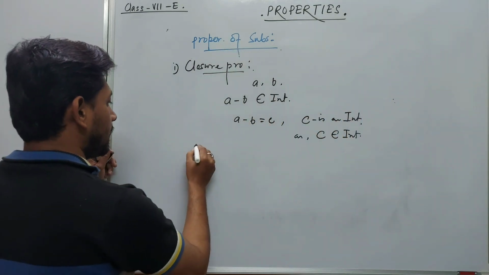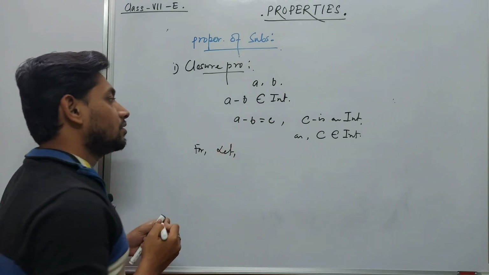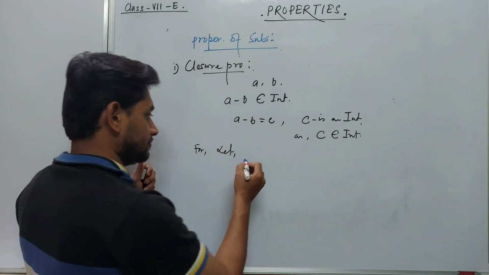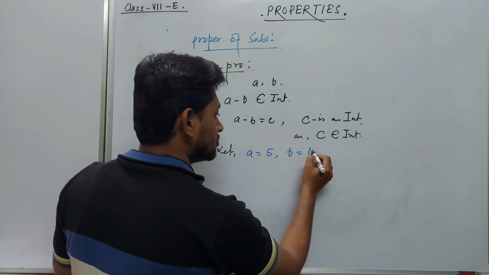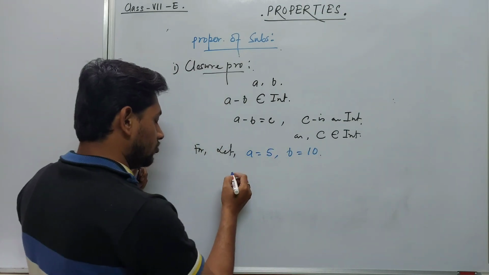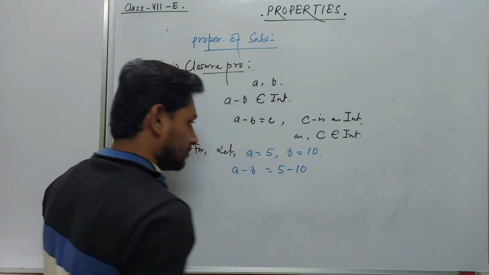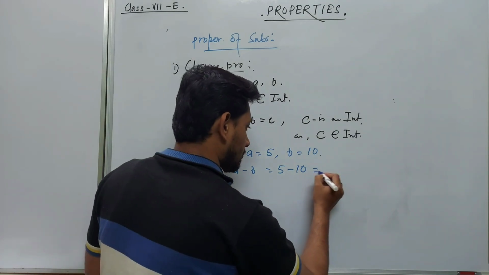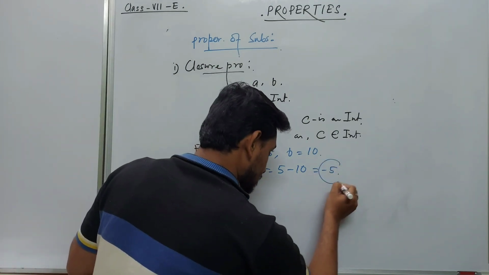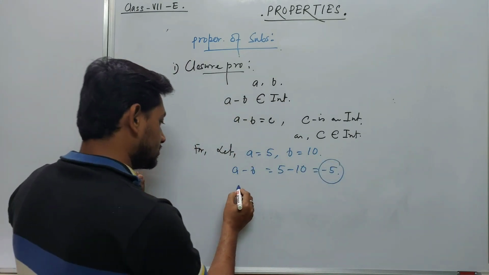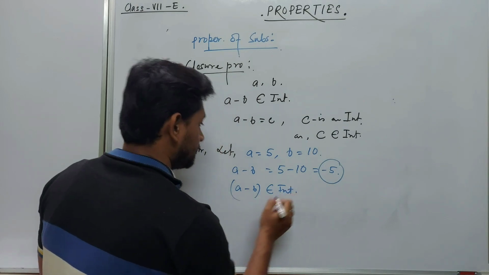For example, let A equal to 5, B equal to 10, then the value of A minus B, that is 5 minus 10, is minus 5. That is, this is an integer, that is A minus B belongs to integer.